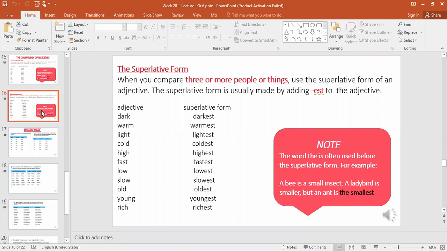So when I was comparing the bee and the ladybird, I used the comparative form because I'm comparing two insects. When I was comparing the ant, I used the superlative form because I'm comparing it to two other insects, so three or more.